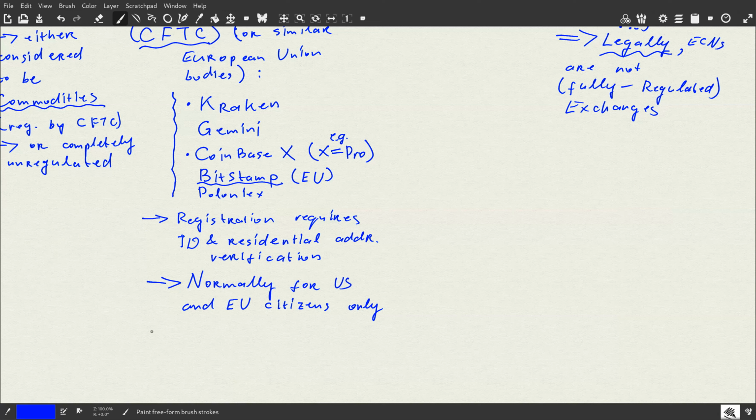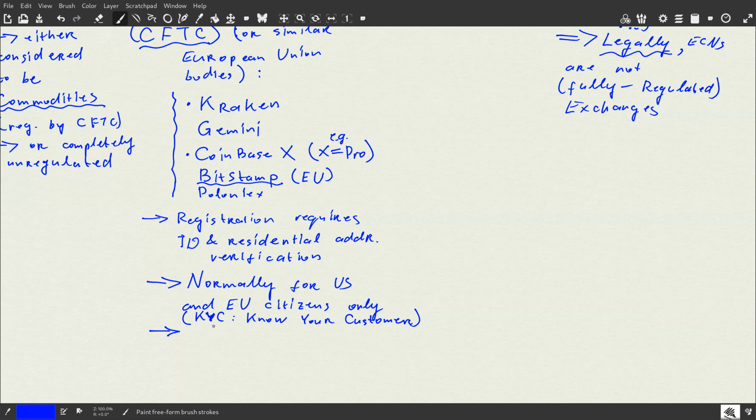But what is good is that those exchanges, after this, which is by the way known as KYC, know your customer, those regulated exchanges need to provide full KYC authentication in order to allow you to trade on those exchanges. What else?